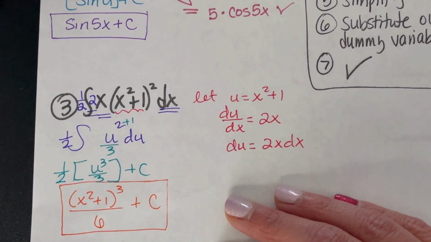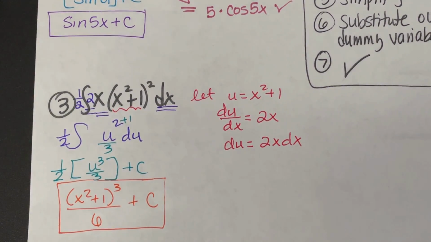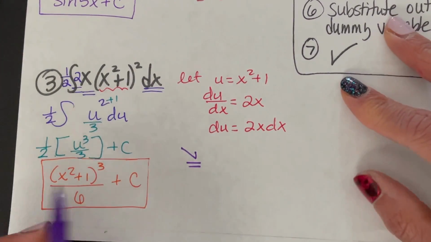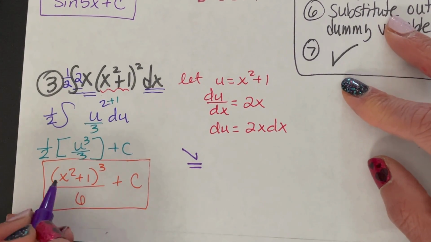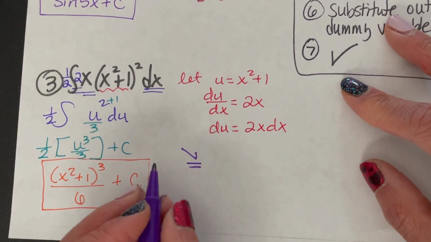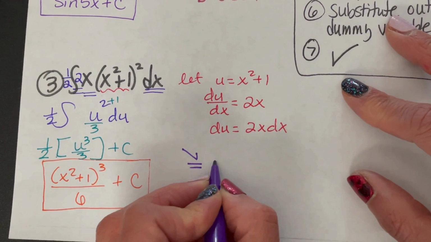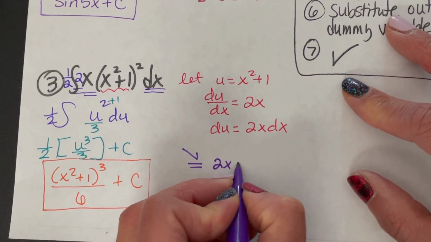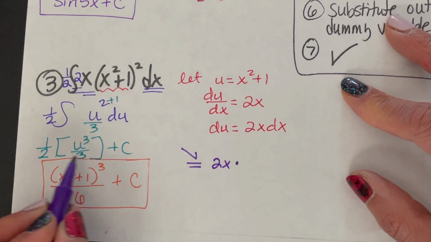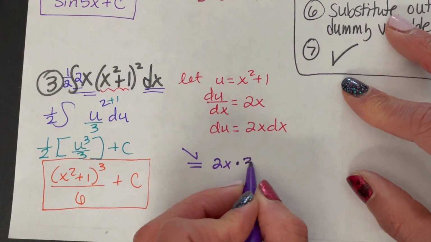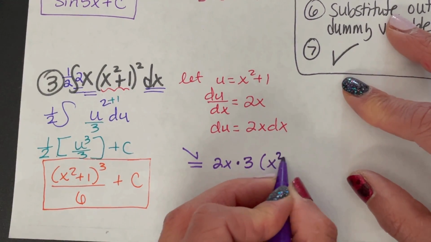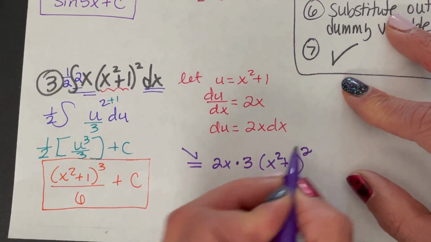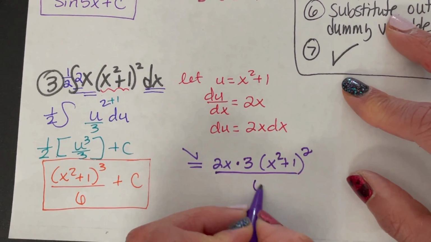But now we've got to check it. So here's the check part. So we have to use chain rule on this. We have to take the derivative of the inside. The derivative of the inside would be a 2x, and the derivative of 1 is 0, so it's just 2x, times the derivative overall, so I have to drop the 3 in front, keep the stuff on the inside, but I've got to take it down 1 exponent. 3 minus 1 is a 2, and that's all over 6.